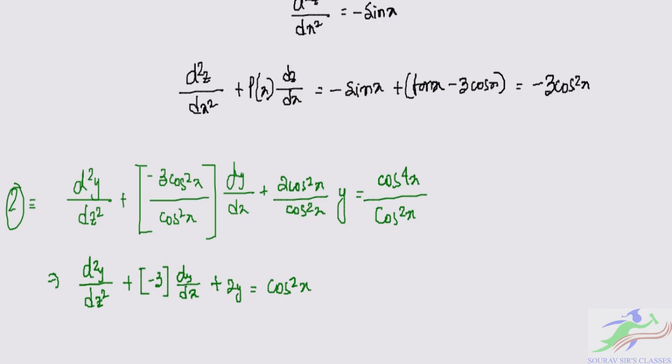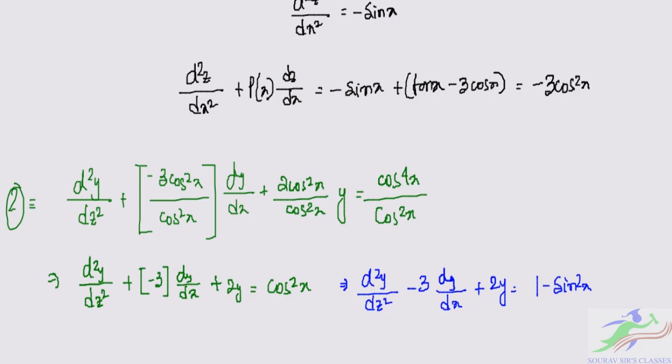We can further simplify it, so it can be done. To simplify this, we get d2y/dz2 minus 3 dy/dx plus 2y, and cos square x equals 1 minus sin square x.